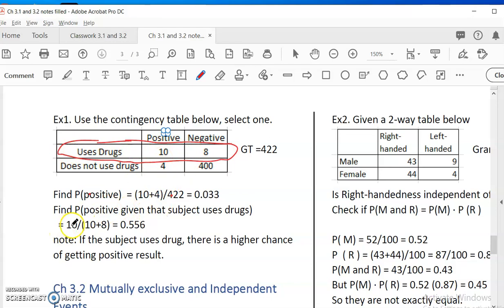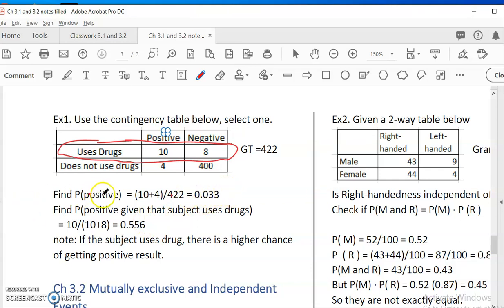Positive is 10. So 10 out of 18 is 0.556. So someone has taken drugs, and the chance of getting a positive result is actually more than 50%. It's not as high as what we want, but it's certainly not as low as 0.03. So you will get caught quite easily, not as low as below 5%.